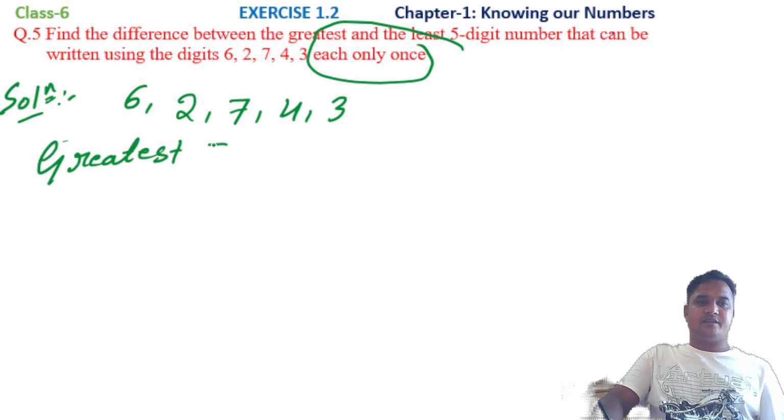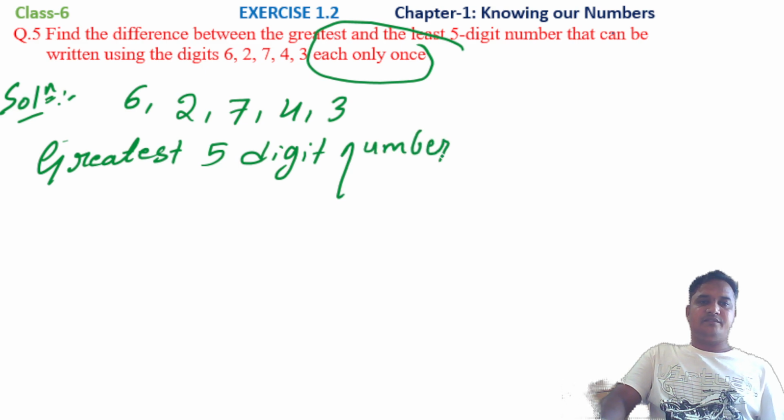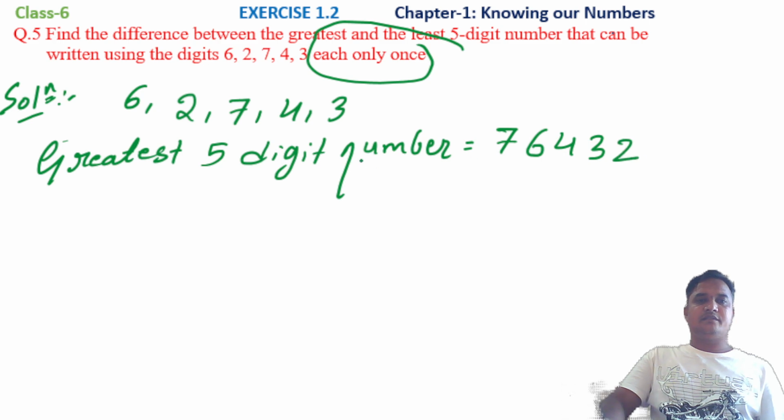How can we write the greatest 5 digit number? Write in descending order. First 7, 4, 3, and so on. That is the greatest 5 digit number.